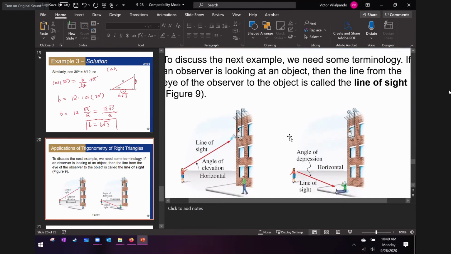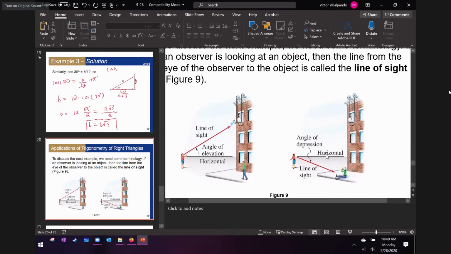Conversely, if he's looking down, say he dropped a bucket of water on this person, trying to make it funny, if their line of sight is now below the x-axis, they call that an angle of depression. So angle of elevation, angle of depression.